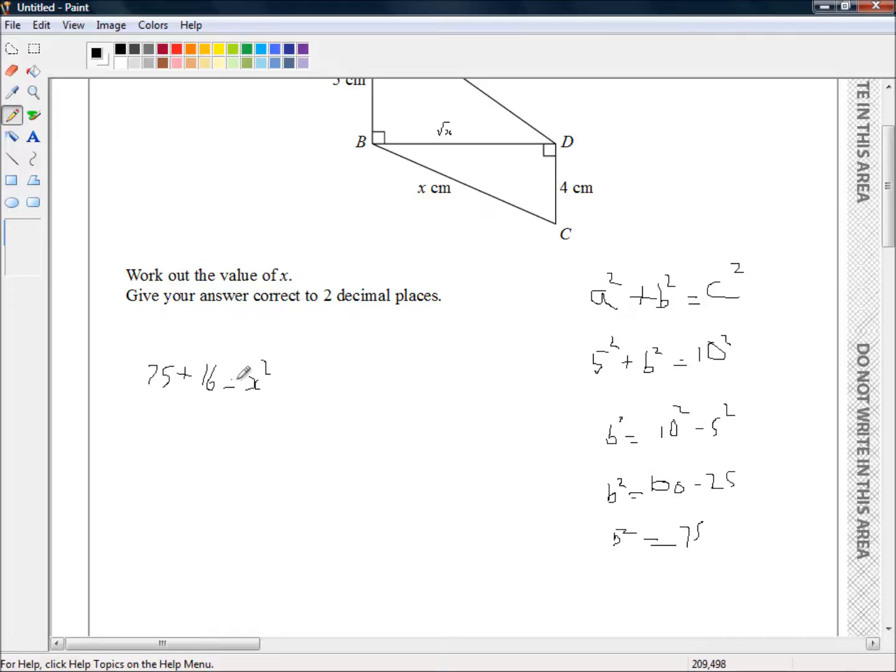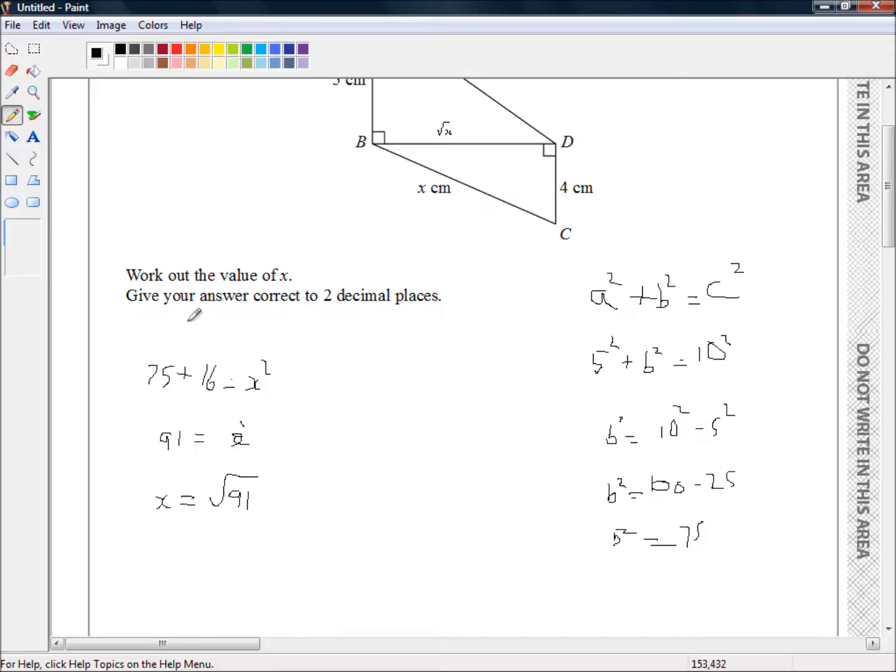That's the same Pythagoras' theorem we've just looked at. Okay, so adding these, we've got 75 plus 16, so that's 85 plus 6, which is 90 plus 1, which is 91, is equal to x squared. So the exact answer for x is equal to the square root of 91.